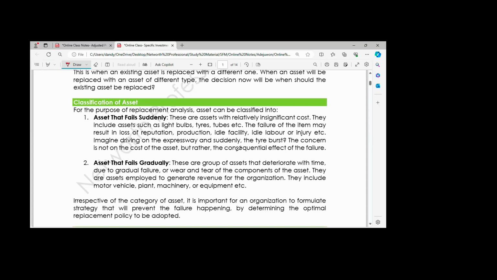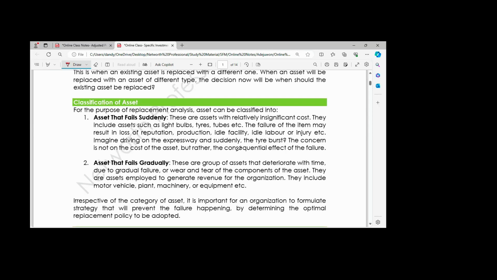When an asset is old and worn out, there will be need for the asset to be replaced because an old asset can cause injury or accidents. So the earlier the company replaces the asset, the better for the company. Then the second one is operating efficiency. When the operating efficiency of an asset has declined, it will lower productivity and quality of products. At that point in time, it will be necessary for the company to replace the assets.